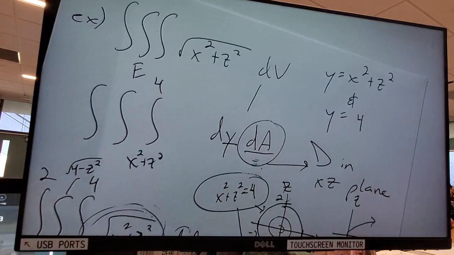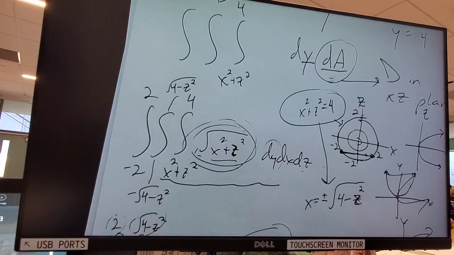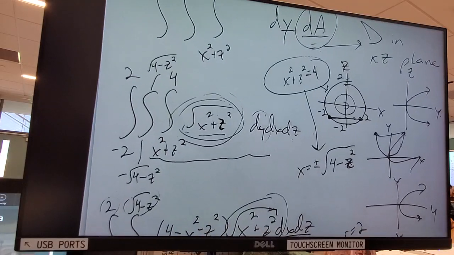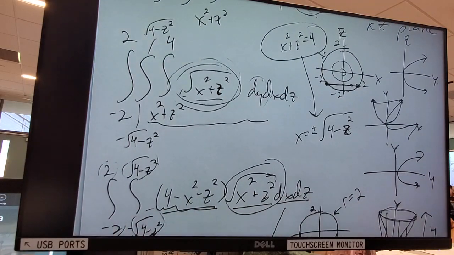You mean everything I just was talking about? No, careful. If the inside of a double integral is 1, then we're getting like an area.